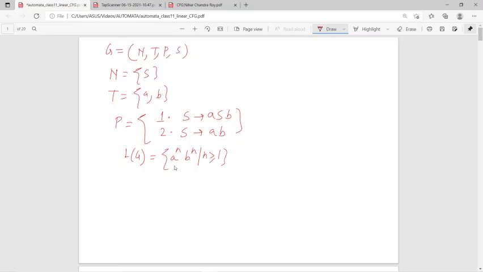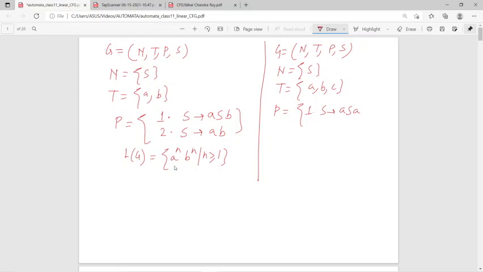And we will also see another example where the grammar is also G = (N, T, P, S), where N is the set of non-terminals, S is the start state, T is the set of terminals {a, b, c}, and we will see some production rules, that is S → aSa, or you can say S → bSb, and S → c.